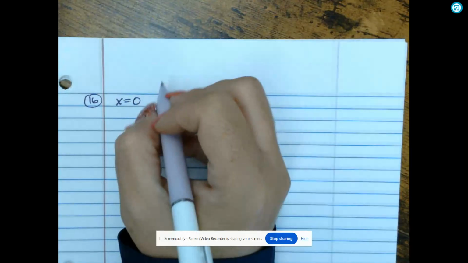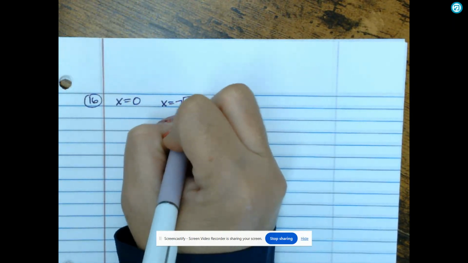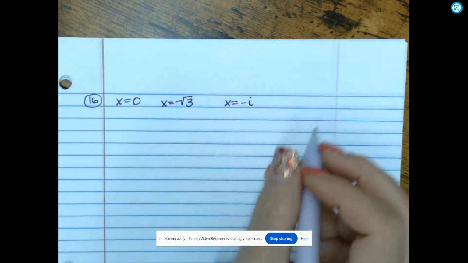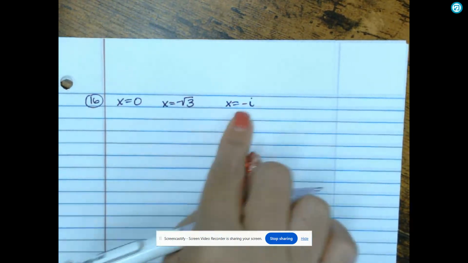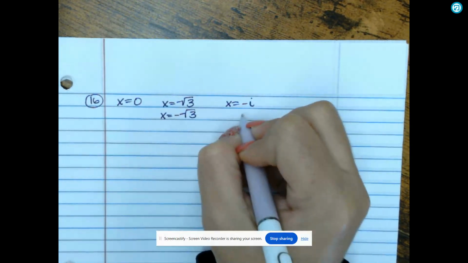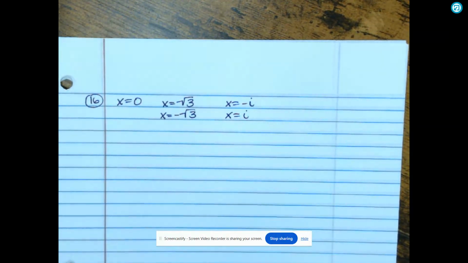We have a 0 at the square root of 3, and we have a 0 at negative i. Okay, well, we know, based on pairs and things of that nature, that this is going to be also the negative square root of 3 and positive i.